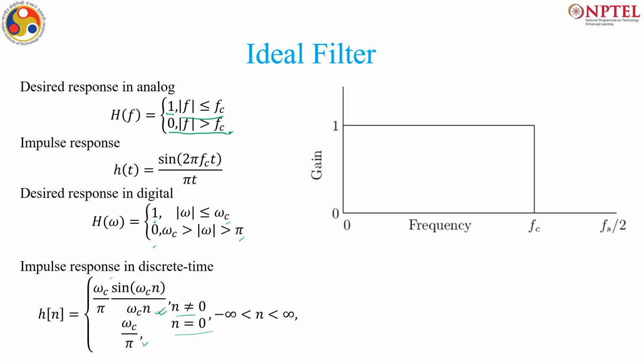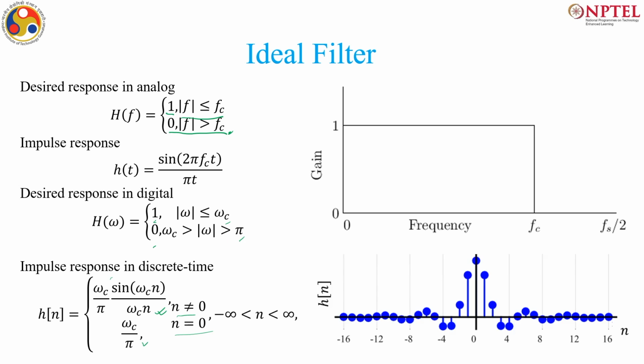So, this is the response of the ideal filter in the frequency domain, and in time domain this is the response. Here this is not limited to 16, I have just shown up to 16. Here also frequency is going up to infinity, and here n is going up to infinity, and of course up to minus infinity.